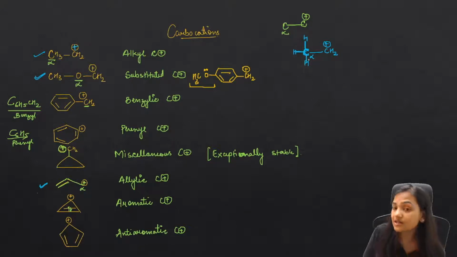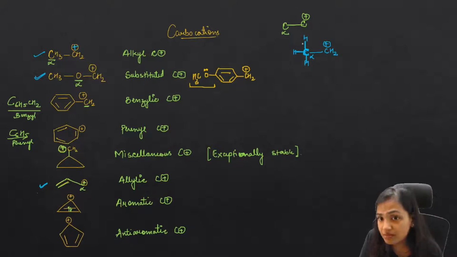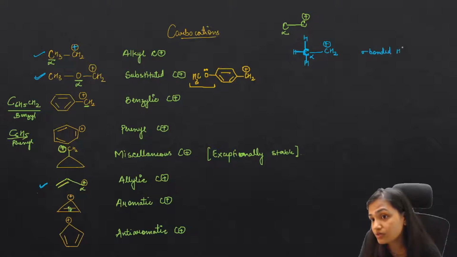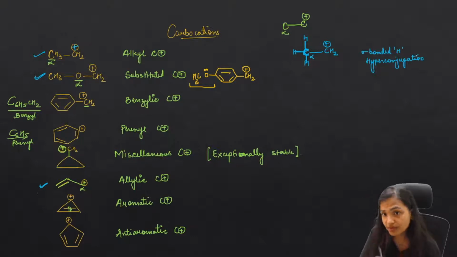Because of these alpha hydrogens there will be sigma bond resonance, that is hyperconjugation, and ultimately this leads to stability. So which factor is applying here? The sigma bonded hydrogen, that is, hyperconjugation. By hyperconjugation this is getting stabilized. How many alpha hydrogens? There are 3 alpha hydrogens to stabilize this.